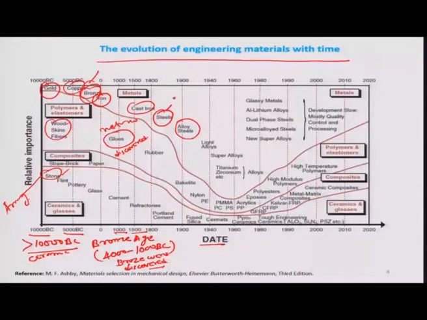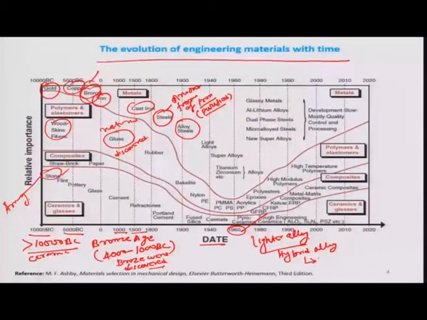Steel is another, purified form of iron. After that, from the 1940s and 60s, people moved toward lighter alloys, hybrid alloys.